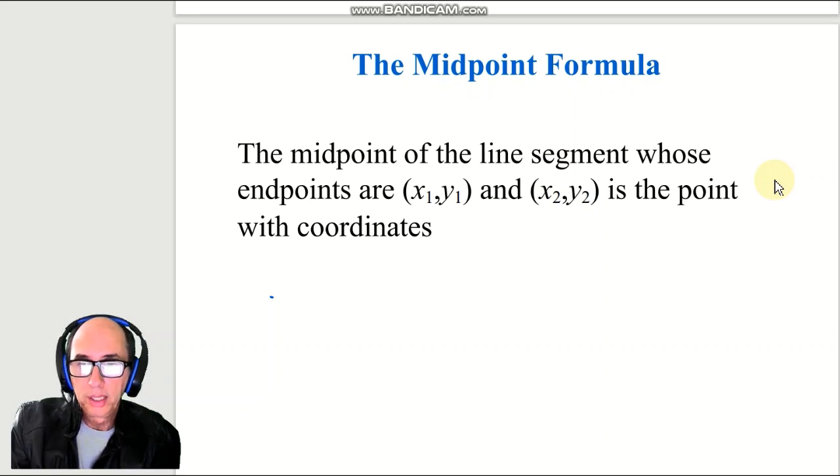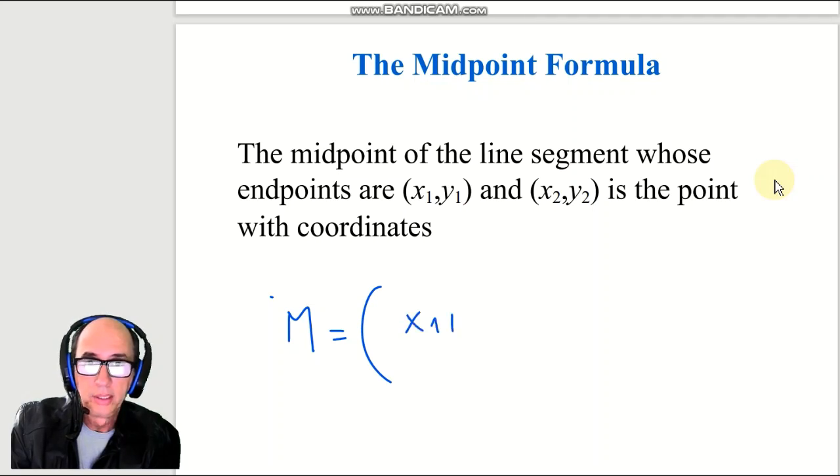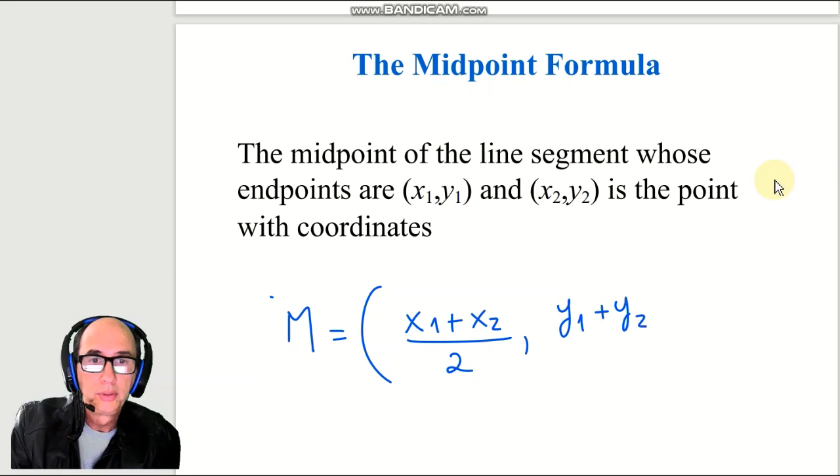Let's call midpoint equals the coordinate x of the midpoint, x1 plus x2 over 2, and the coordinate y of the midpoint, y1 plus y2 over 2.